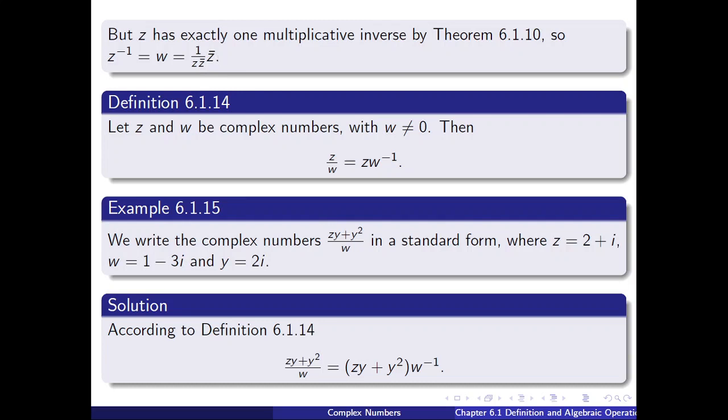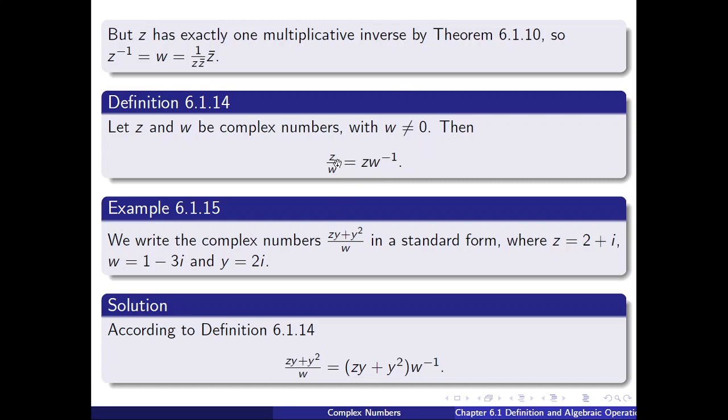And let's now look at Definition 6.1.14 in the textbook, and it talks about dividing two complex numbers. Suppose that we have z and w which are complex numbers, and w is not equal to 0, so it's a non-zero complex number.